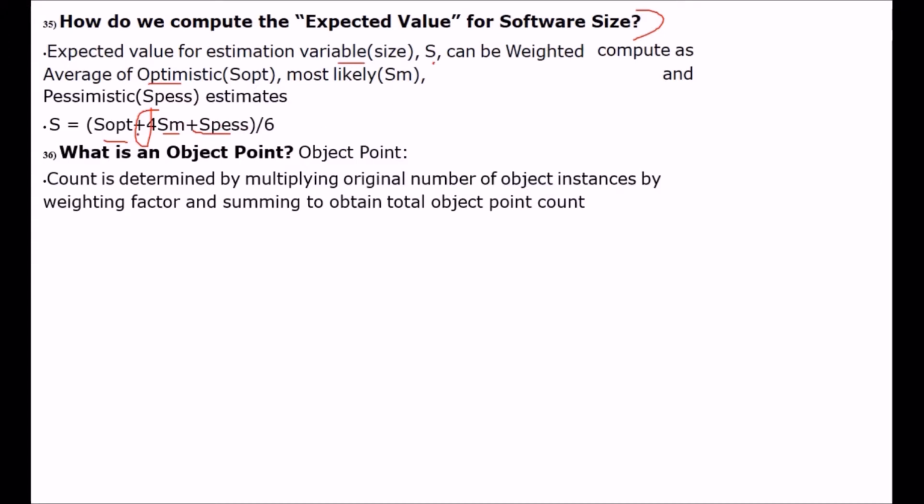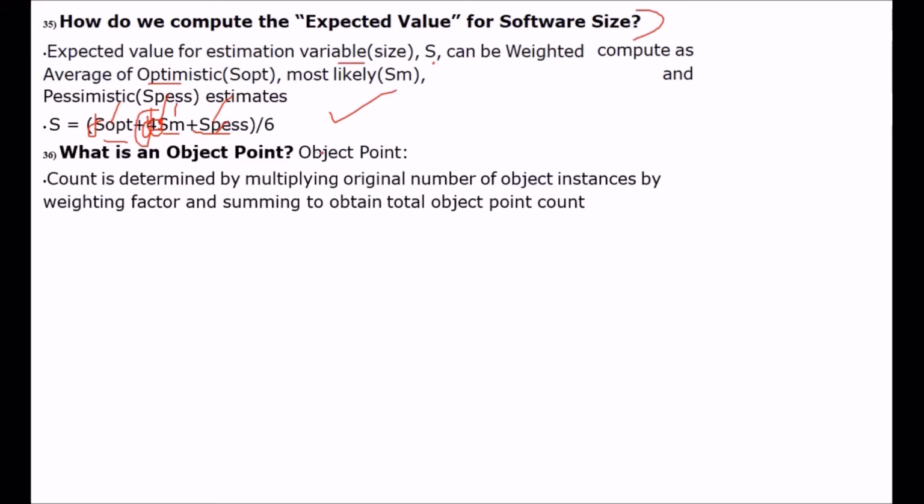This is the optimistic, the middle one is the most likely and this is the pessimistic. The coefficient is 4, and weighted average means 1 into S-OPT plus 4 into S-M plus 1 into S-PESS, divided by 6, and this will give you an expected value of the software size. So this is the size which is optimistic, which is most likely, and this is the size which is pessimistic.